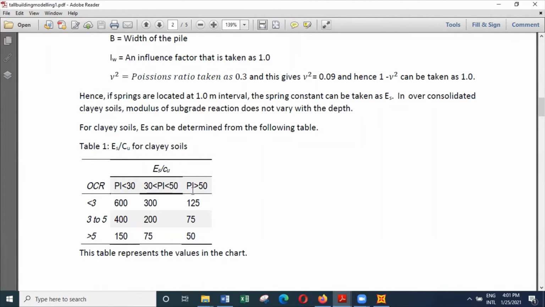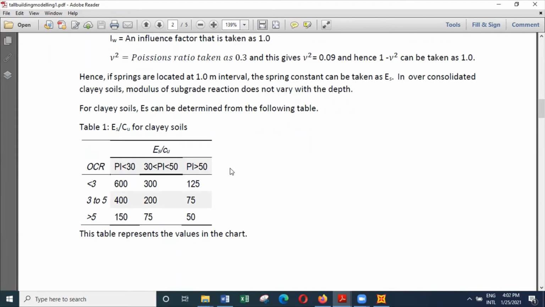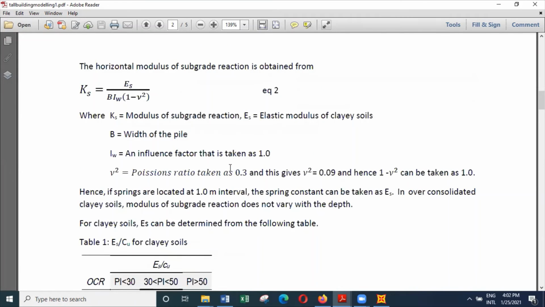So if the SPT value is about 2, you might be in this range. If the SPT value is about 8, you might use this particular relationship. And if the SPT value is about 15, you might use this relationship. Because when the SPT value is high, the plasticity index will be lower. So based on that, you can actually select some values. Depending on the bore log, you have to come up with some reasonable values.